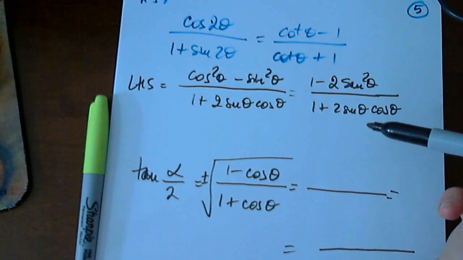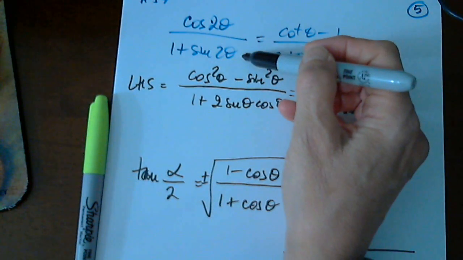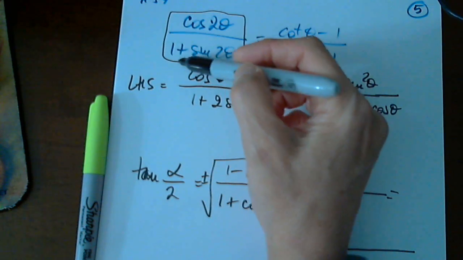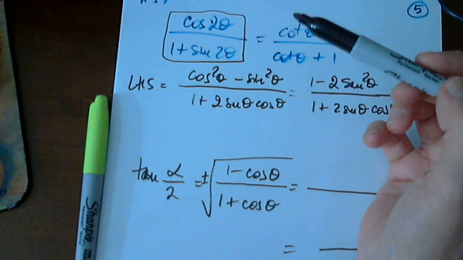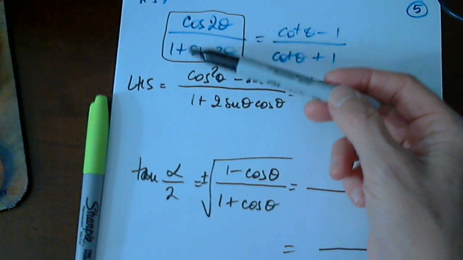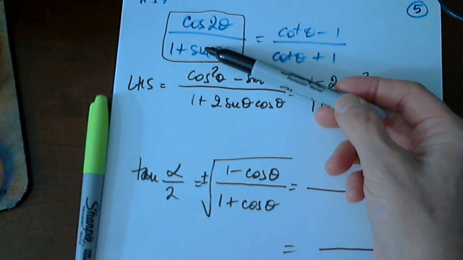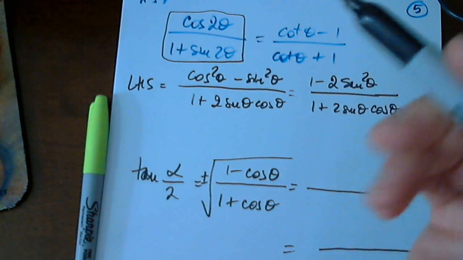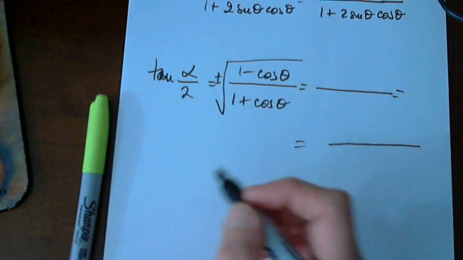None of these options take me anywhere. So the last option that I can think of is multiplying top and bottom by the conjugate of this. I don't see any other option. So that's my last resort.